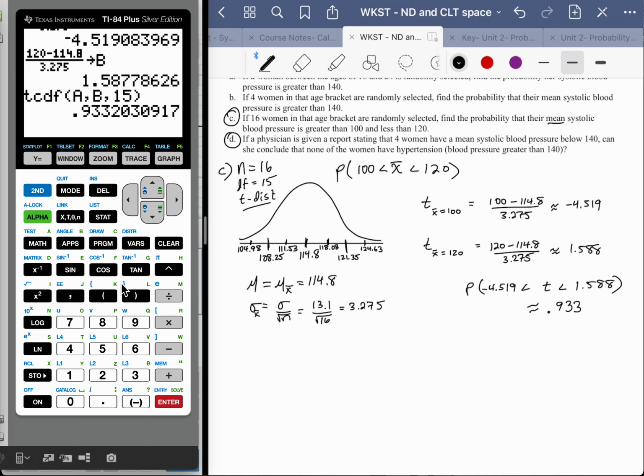Now, hopefully this isn't a precursor for the next unit test, but I gotta say, you look at the work that I'm including for something like Part C here. It's a substantial amount. The .933 was almost like an afterthought. So you got to be really careful here. Yeah, you could get the right answer.